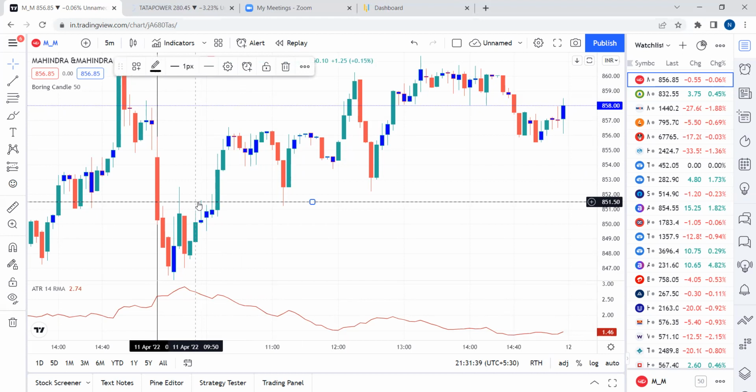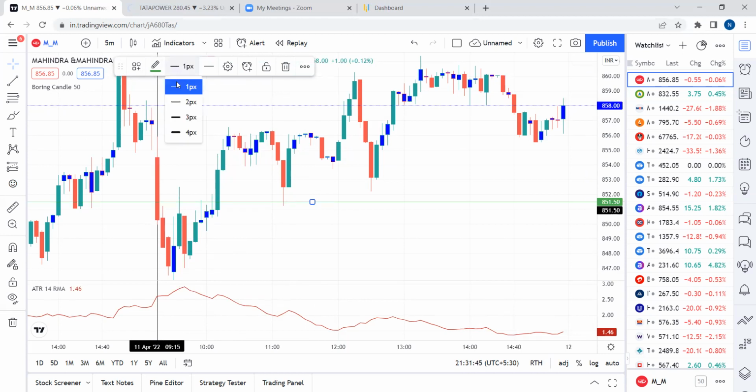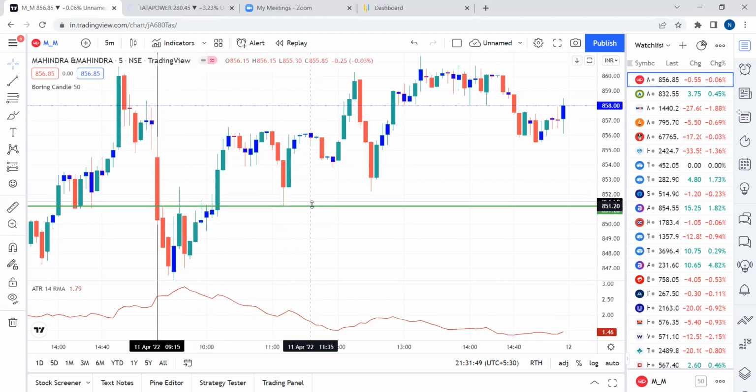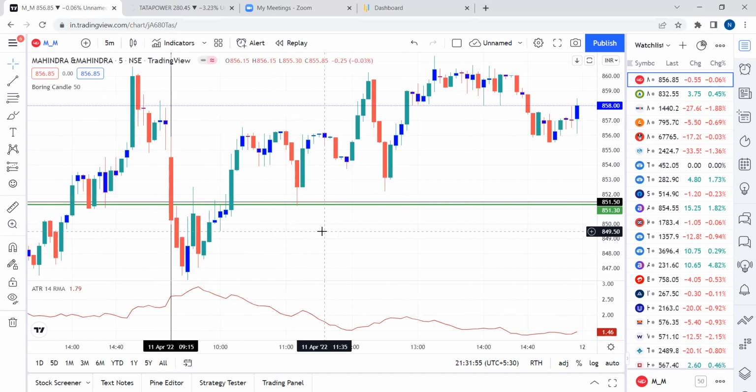So let's draw another horizontal line, which I will make green because it is for the entry, and I will make it a little thicker. Now tell me, how many of you will take this trade?